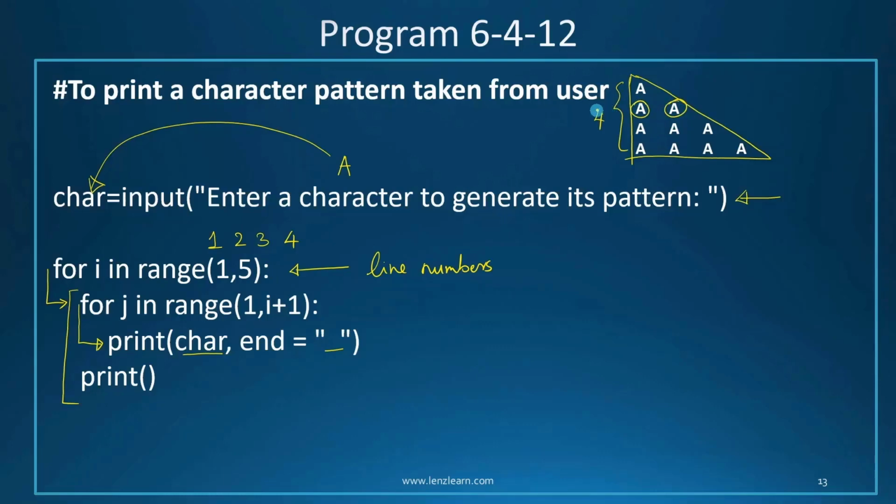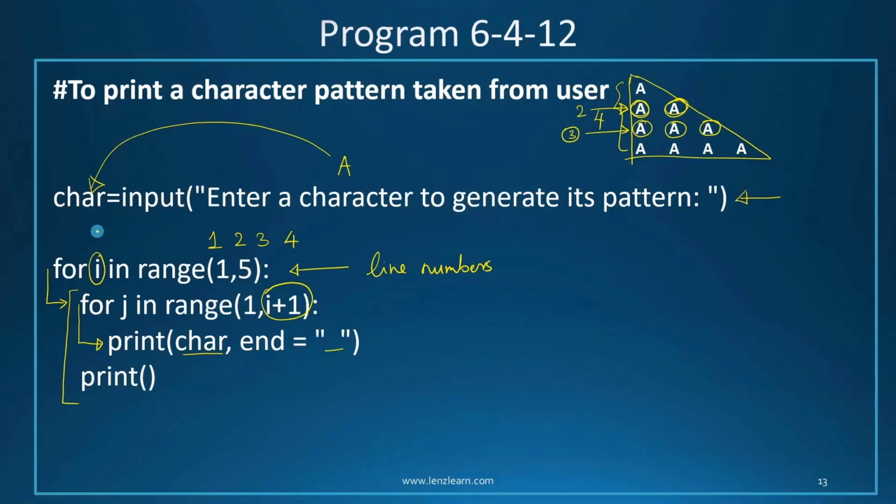If you are running the outer for loop for the second time, the inner for loop has to print 2 A's. If you are running the outer for loop for the third time, then the inner for loop has to work 3 times to print A. So based on the value of I, I will be changing the range value of my inner for loop.